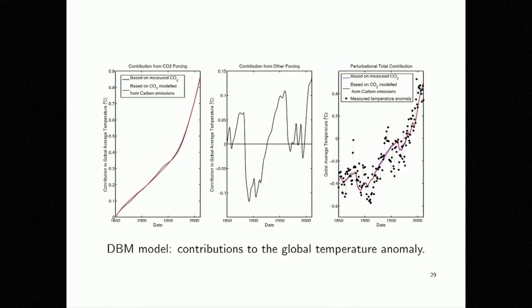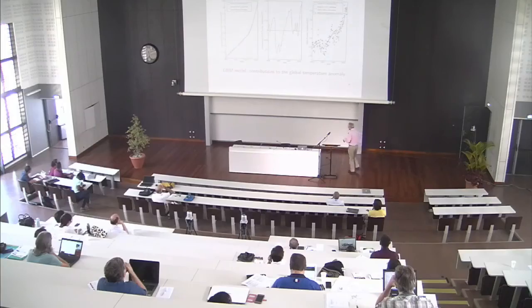In the middle, the component due to all the other radiative forcing except the CO2. And on the right is putting them together, and you're seeing it against the data, but not accounting for the 50-year cycle.